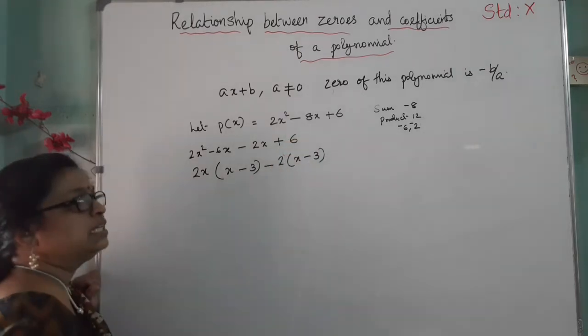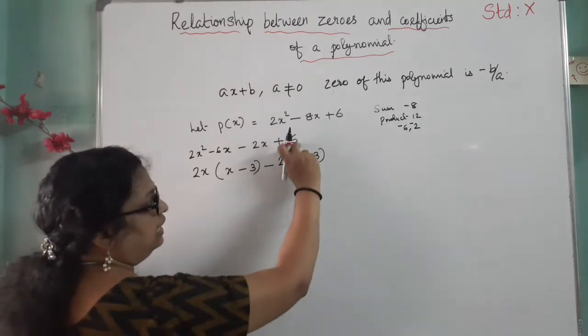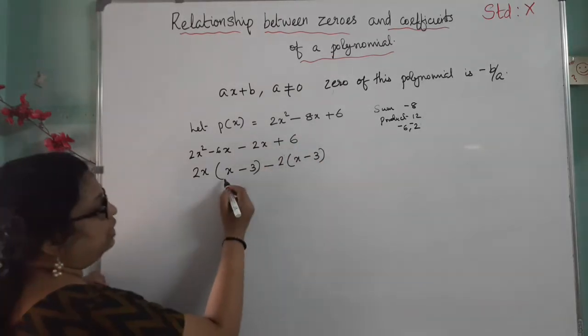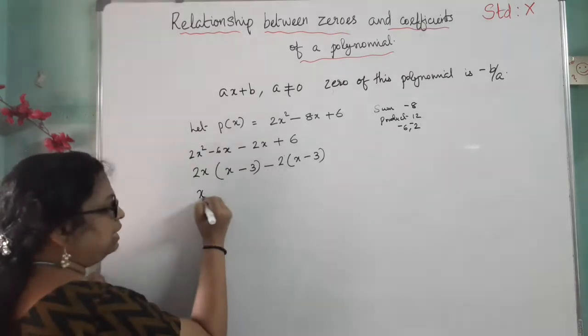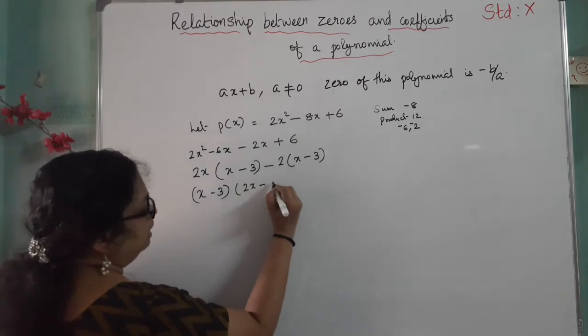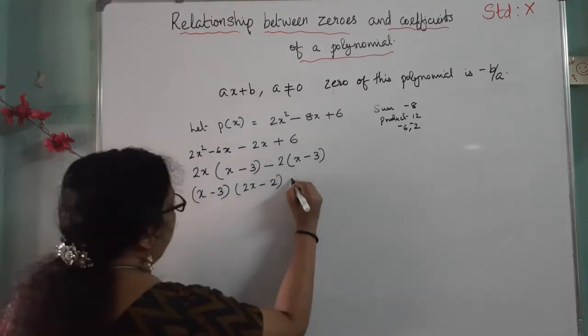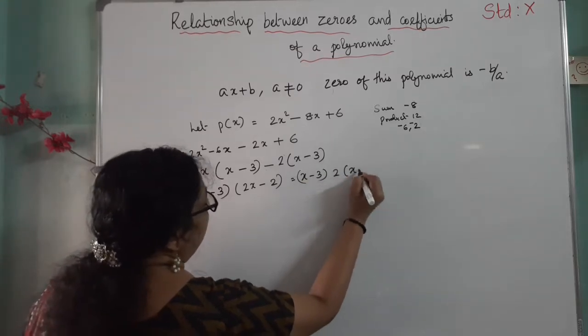Again x minus 3 is common. Here 2x minus 2, that equals x minus 3 into 2 into x minus 1.